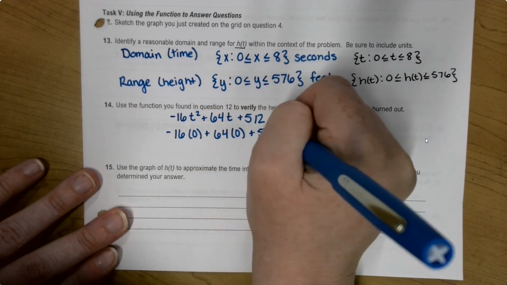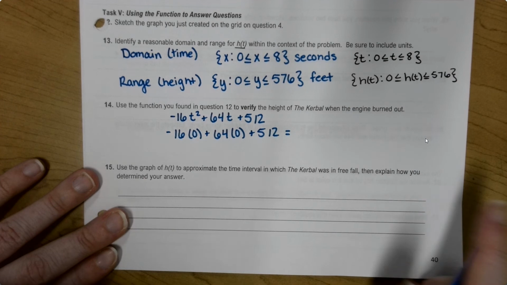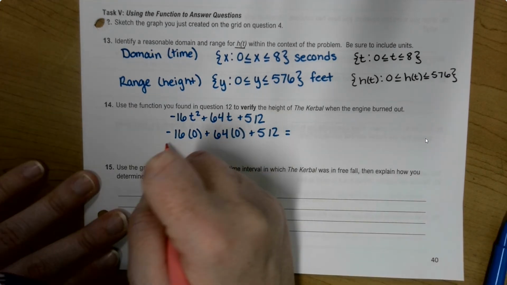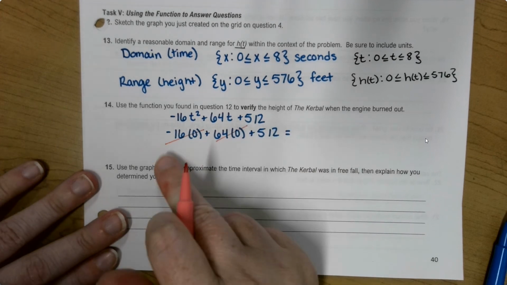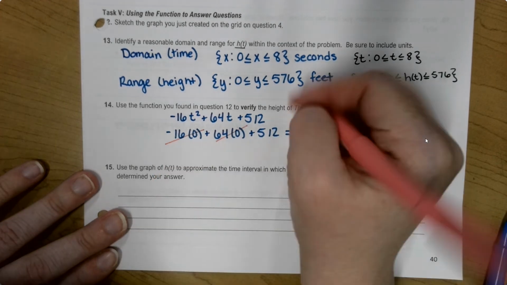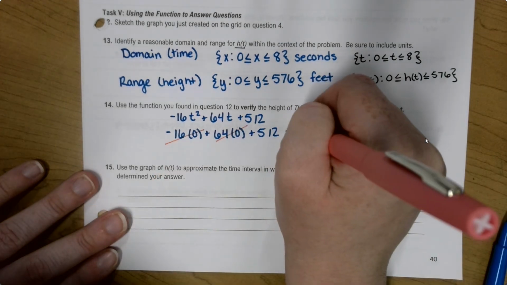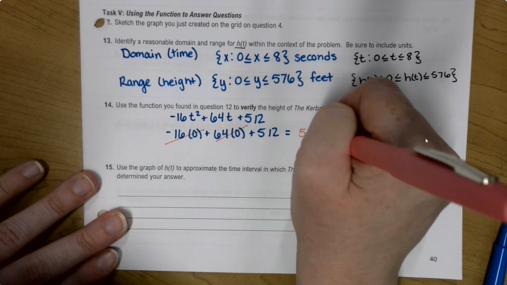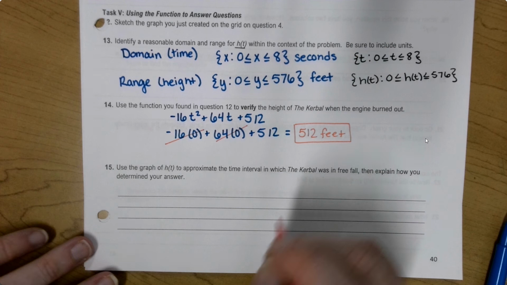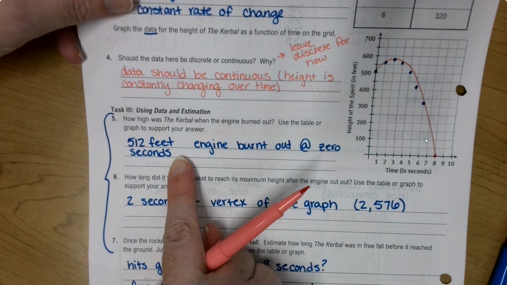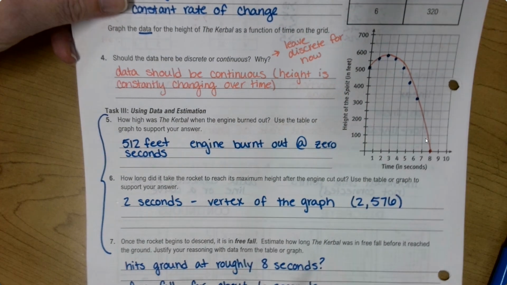And you can plug this whole thing in the calculator, or you can just use some common sense. Negative 16 times 0 is 0. 64 times 0 is 0. 0 plus 0 plus 512 is 512 feet, which is what we had in the table, which is also what we said on one of the previous questions, on question 5. We said 512 feet. So we should be good here.